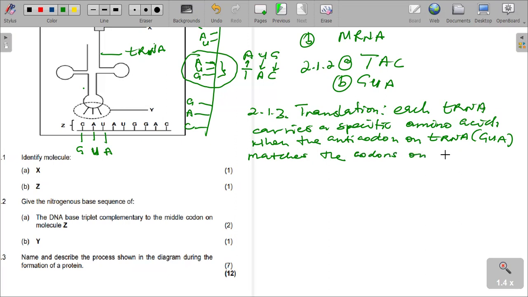It has to match the codons which are on mRNA.